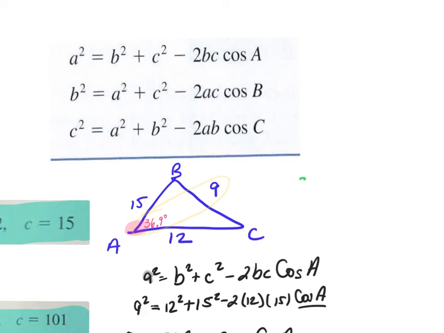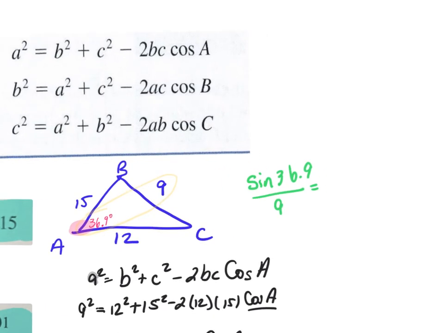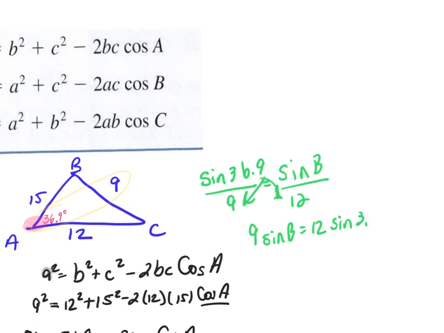So I'm going to say the sine of 36.9 over 9 equals the sine of B over 12. Cross multiply, so 9 times the sine of B equals 12 times the sine of 36.9. Divide both sides by 9.